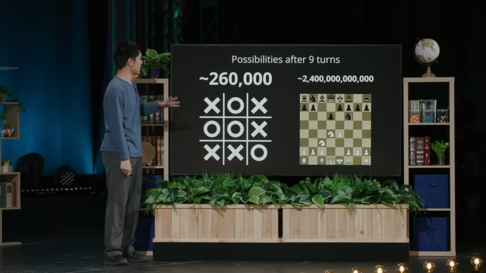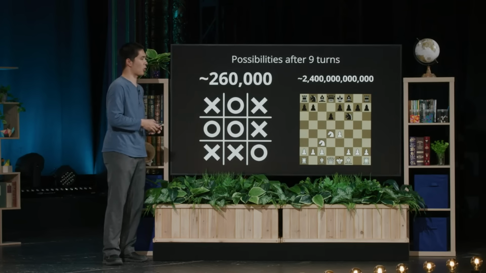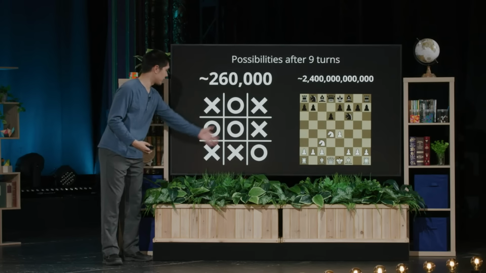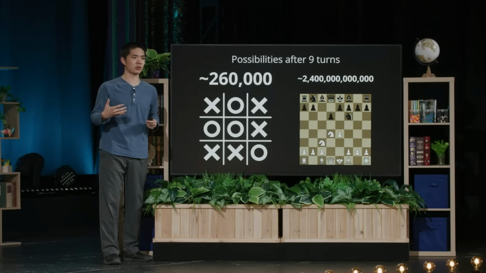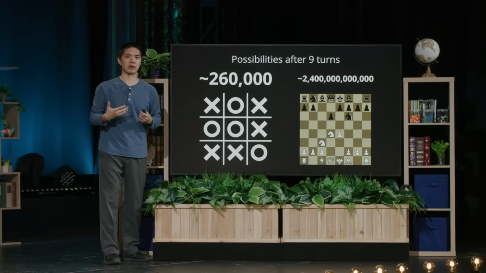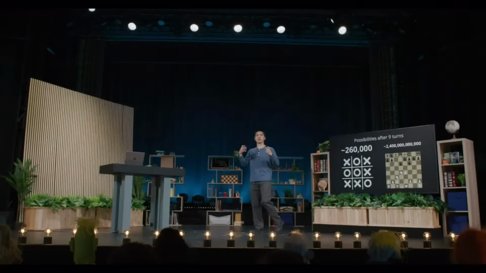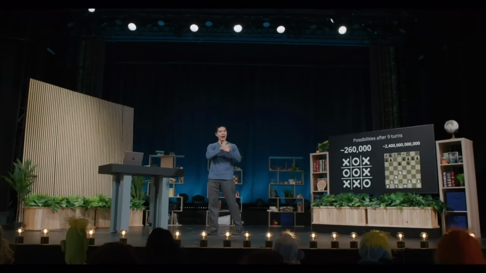After 9 turns, the game of tic-tac-toe is necessarily over. There's no way a game of tic-tac-toe could go on more than 9 turns, because there are only 9 squares in the tic-tac-toe grid. And as a result, there are about 260,000 possibilities. In other words, there are 260,000 different possible games of tic-tac-toe. If you were to ask the question, how many different ways are there to play a game of tic-tac-toe, a computer could calculate all of them by just calculating all 260,000 of those possibilities.